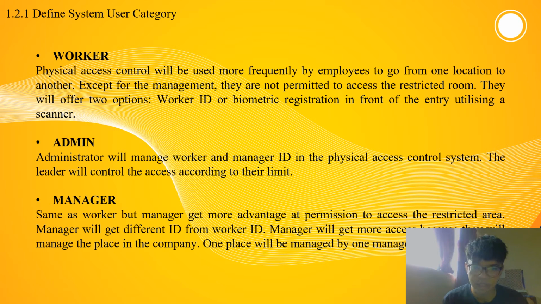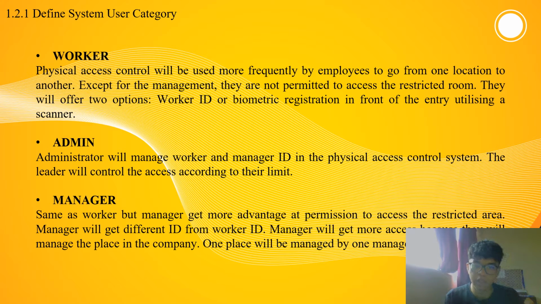For the defined system user categories, physical access control will be used more frequently by employees to go from one location to another. Except for the management, they are not permitted to access the restricted room. They will have two options: worker ID or biometric registration in front of the entry intelligent scanner.